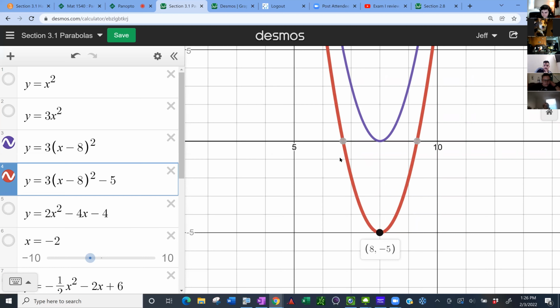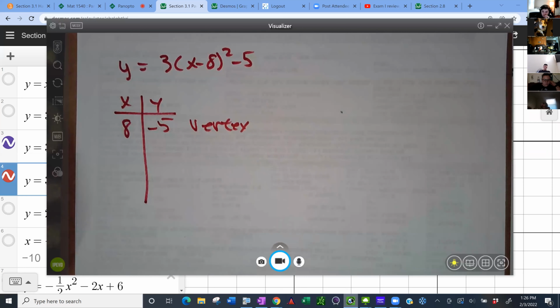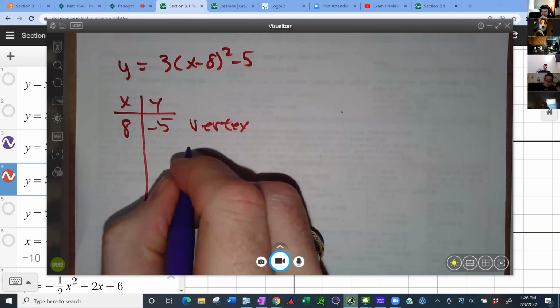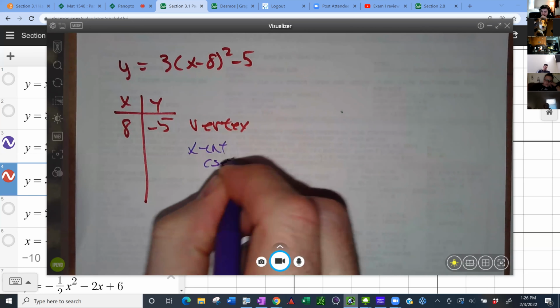Perfect. Well, what if I wanted these points? Well, on decimals, I can just click them and get some approximate values, but those aren't the exact values that sometimes you're asked for. So, how do you figure out those? The way to figure out the x-intercepts is you're going to set y equals 0.